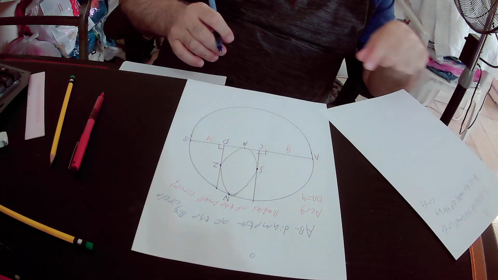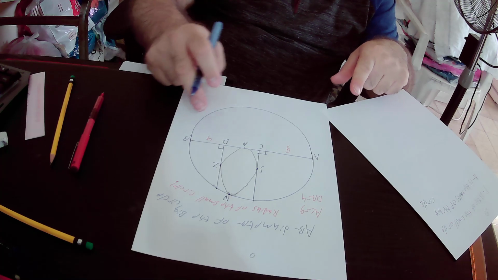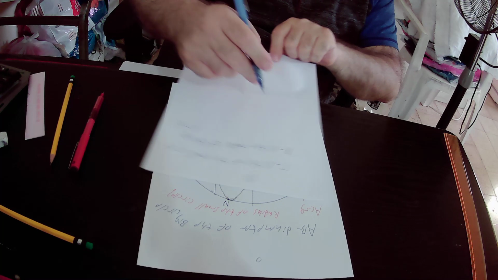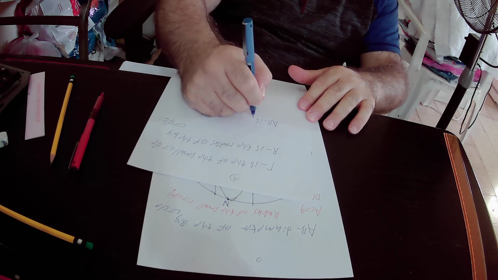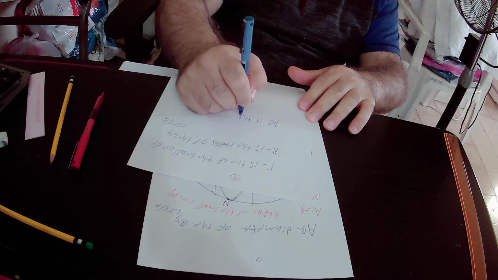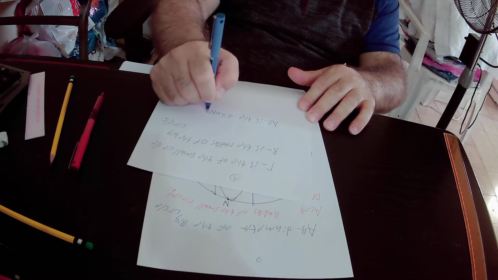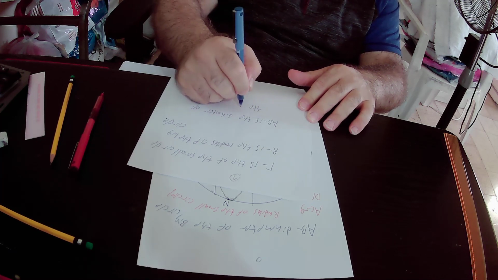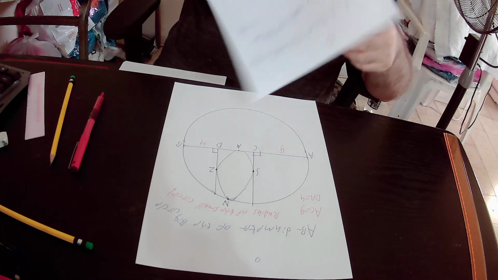We also know that AB is the diameter of the big circle. Or chord AB is the diameter of the big circle.